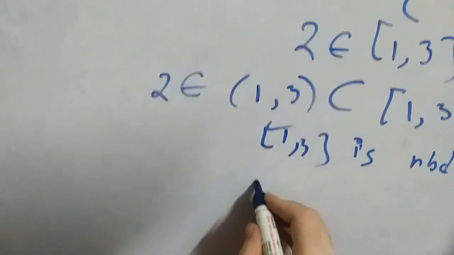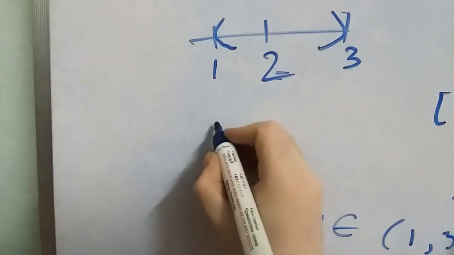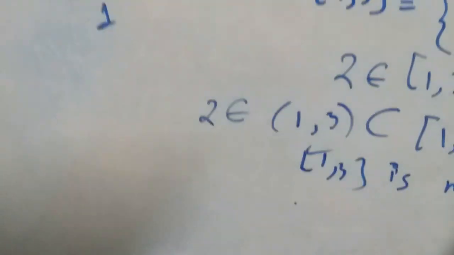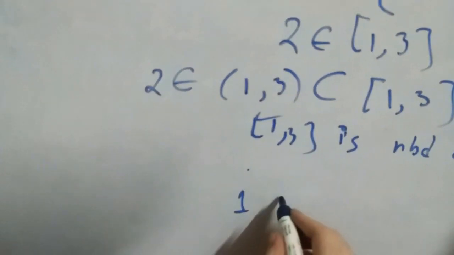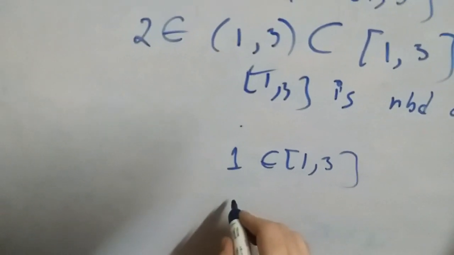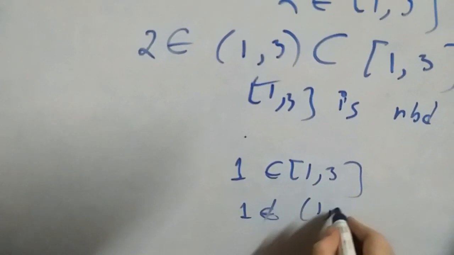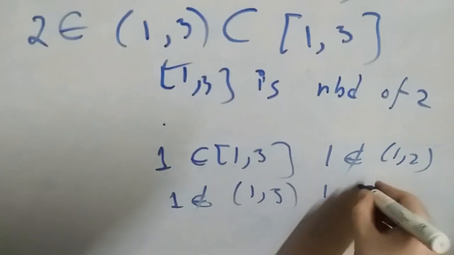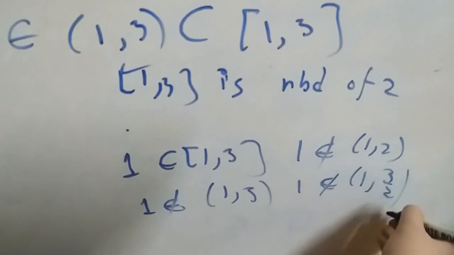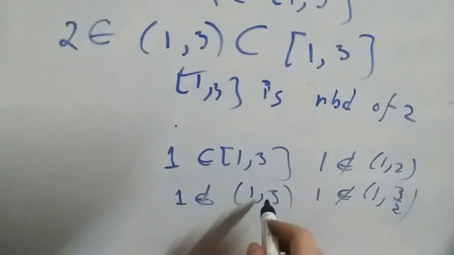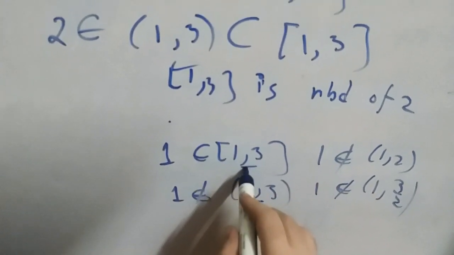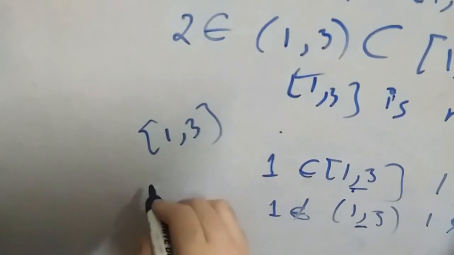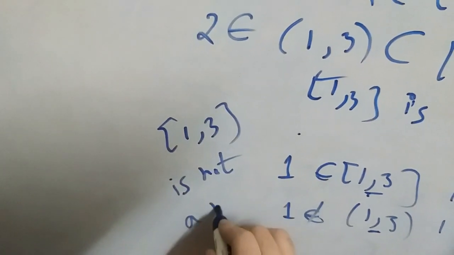But there exists no open interval containing the point 1 and contained in the closed interval [1, 3]. 1 belongs to the closed interval [1, 3], but 1 does not belong to the open interval (1, 3), nor to the open interval (1, 2), nor to (1, 3/2). These intervals are contained in [1, 3], but 1 does not belong to them. Hence the closed interval [1, 3] is not a neighborhood of 1.